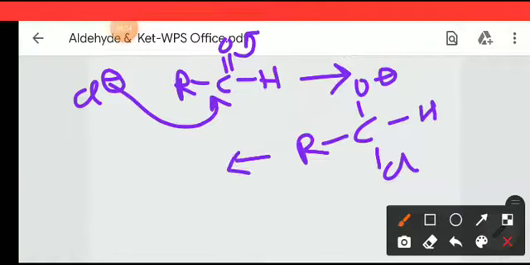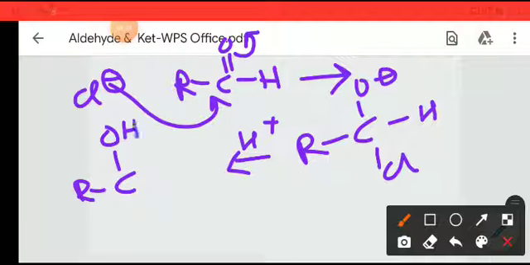After protonation it will form R-C-OH with H. So this type of cyanohydrin it will form. This is the mechanism of nucleophilic attack on a carbonyl compound.